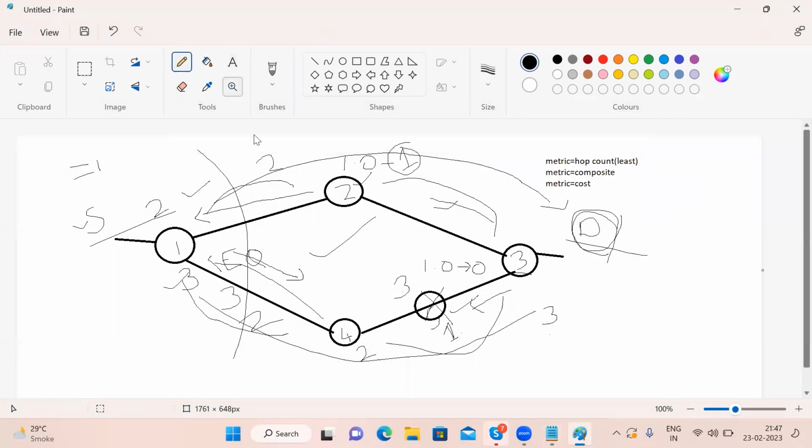16 equal paths means what? This is the first path, this is the second path, third, fourth, fifth, sixth, seventh, up to 16 equal paths. It will support load balancing. For the 17th, it will say no, I am already full. And the default is what? 4.